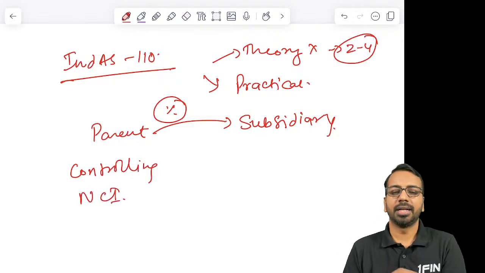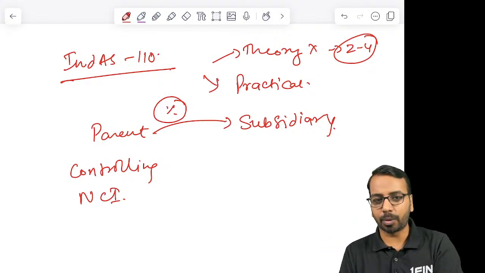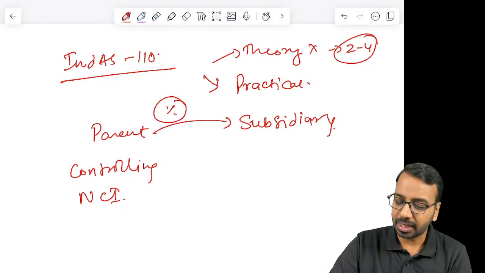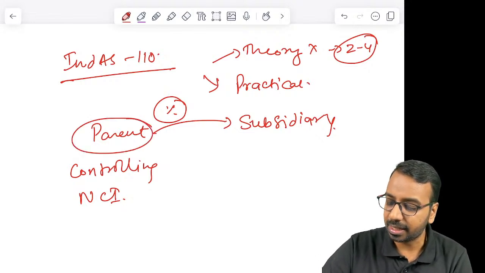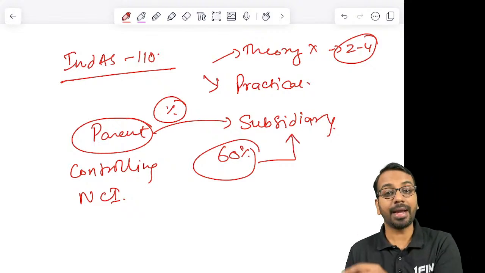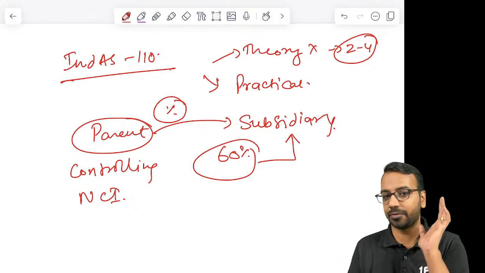Whether they have influence, or the power to appoint the board of directors, all of these are generally not asked. What they will directly tell you is the parent has, let us say, 60% stake in the subsidiary. So from that we can directly start our answer. That is the first thing.